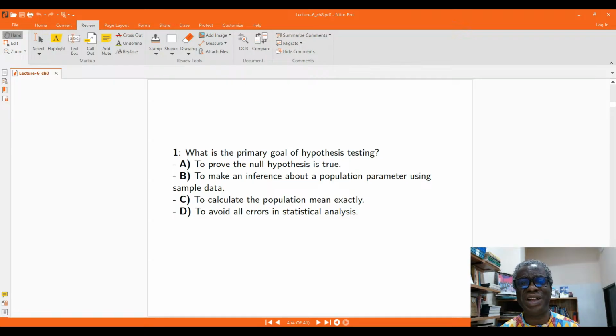It's not about calculating any population quantity. It's also not about avoiding all errors in statistical analysis, but is about drawing inference about the population using sample data.